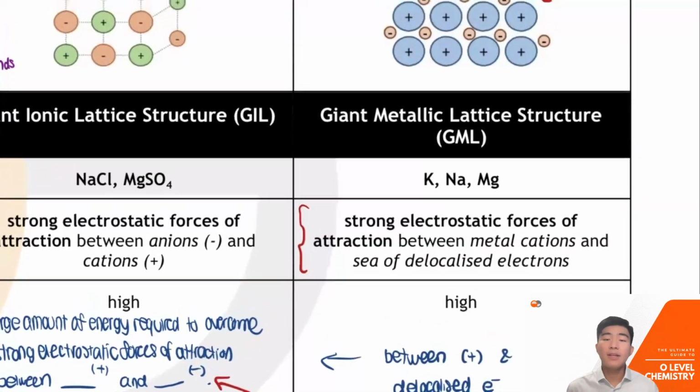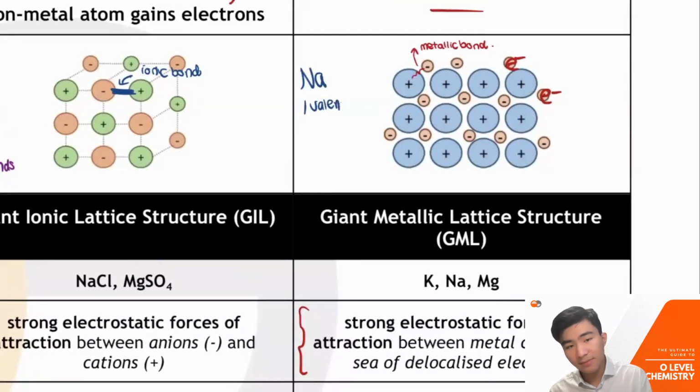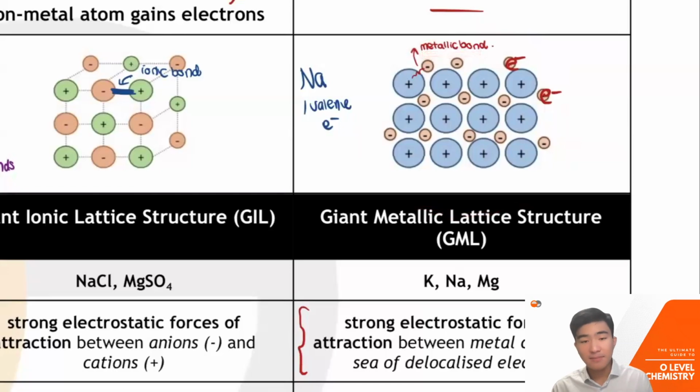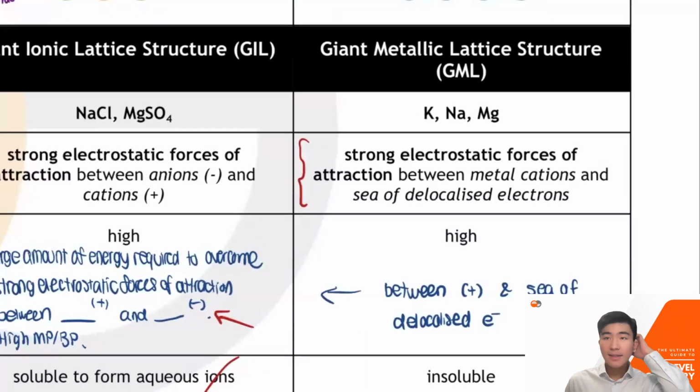Basically, for every metal atom, there is a valence electron, right? So Na, for example, has one valence electron, and this valence electron will be used to form the metallic bonding. Metals are insoluble in water.